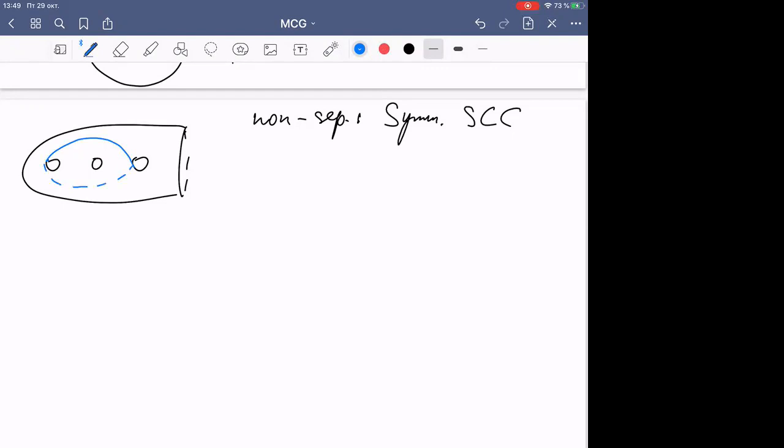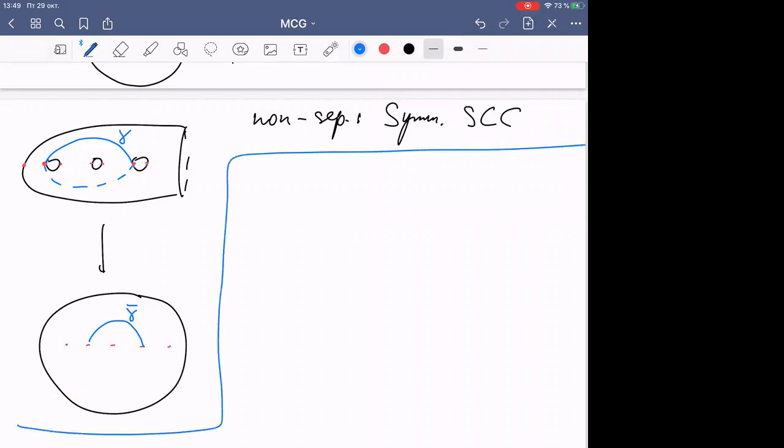Downstairs, we see an arc which connects two fixed points. So the image downstairs is an arc connecting two fixed points. So this is how non-separating symmetric simple closed curves look. But now the main lemma is as follows.